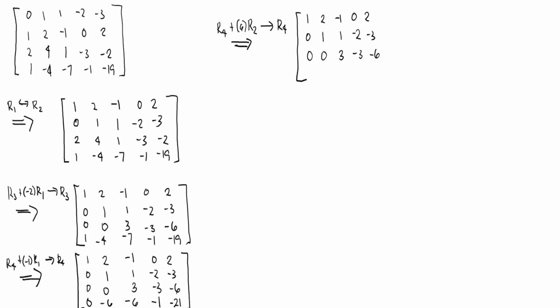So times 6 plus this 1, so this is 0, and then times 6 plus this 1, so that is also 0. Multiply this by 6, so that's negative 12, plus negative 1, so that's negative 13. Multiply by 6, so this is negative 18, and then plus negative 21, so that's negative 39.